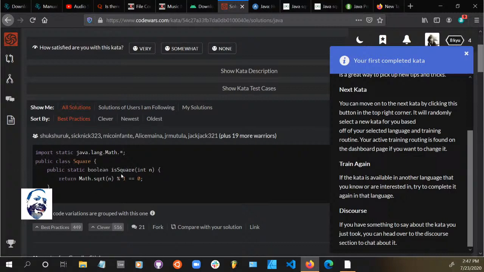This one is, wow, shorter. He says return math dot square root n percent 1 equals 0. So they're saying the ratio 1. I forgot what this really is. What does the percent sign mean in coding? It's pretty much universally the same in any language.